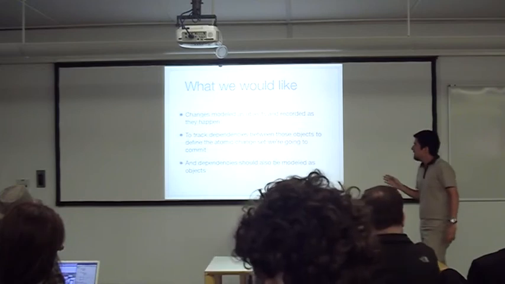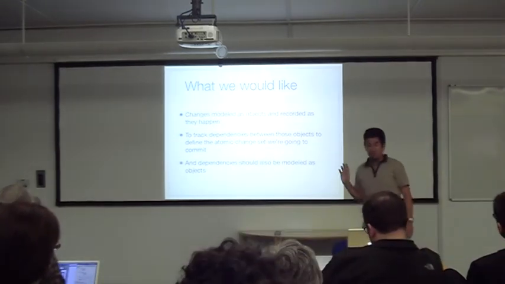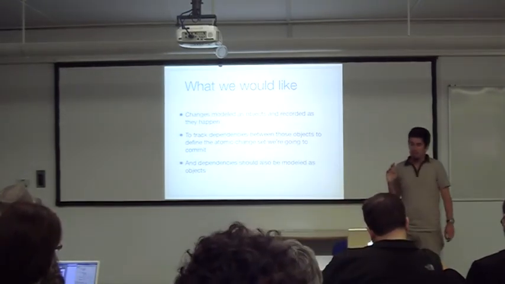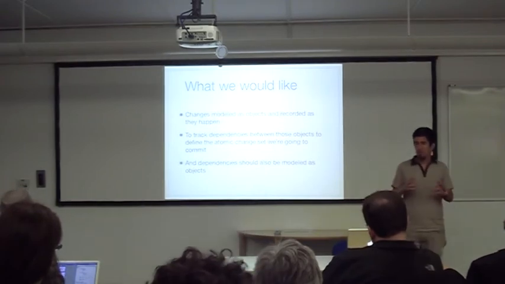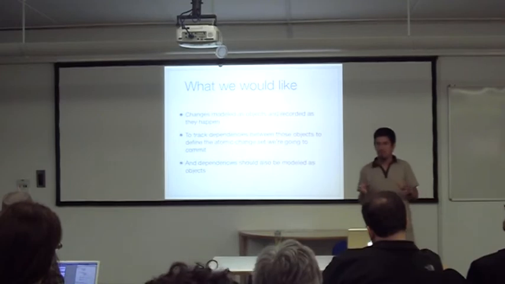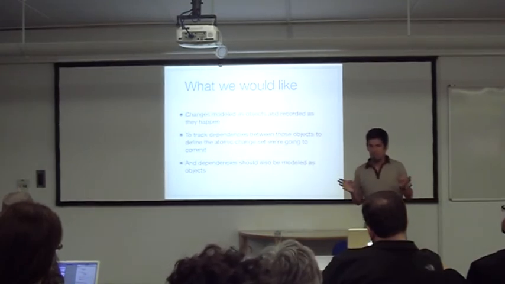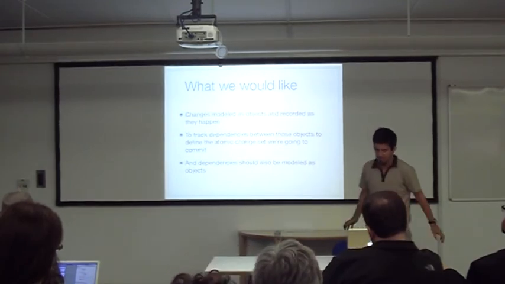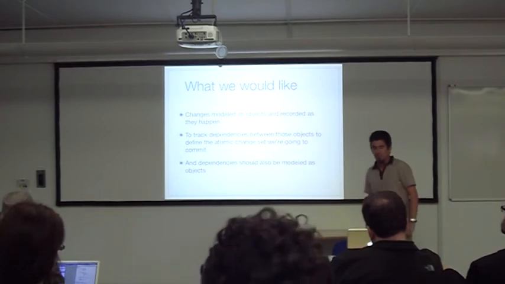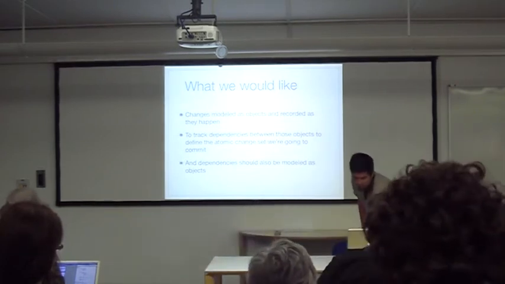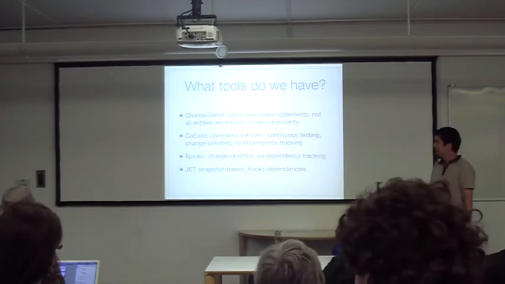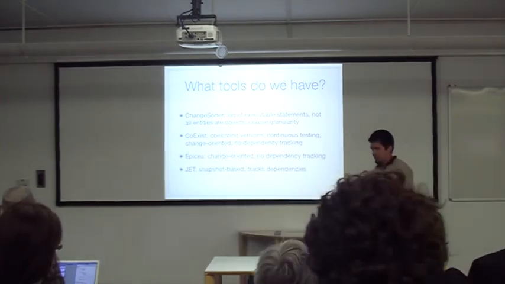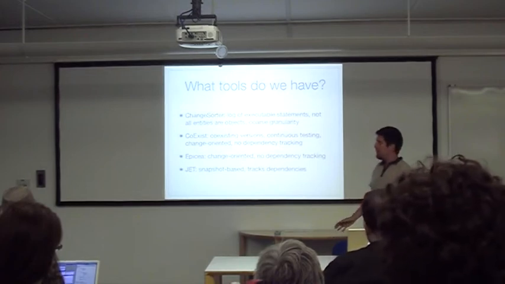What we would like is that the changes are more like objects, and to track the dependencies between those changes to define the atomic change set. We have some tools that work this way.